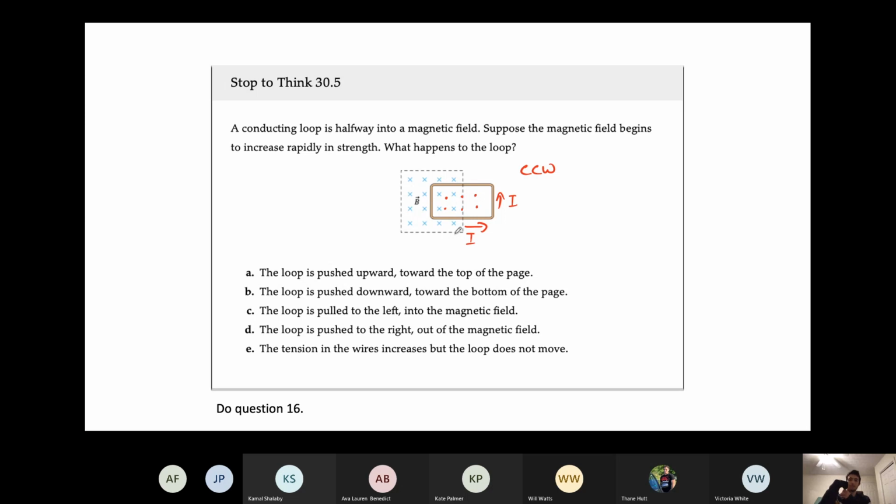So there will be a force acting downwards. As we have the current over here going this way, the current is pointing to the left, magnetic field is out of the page, and the force is pointing up. So now we have another force pointing up.